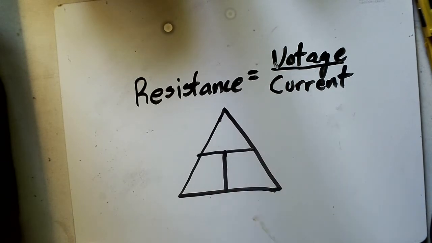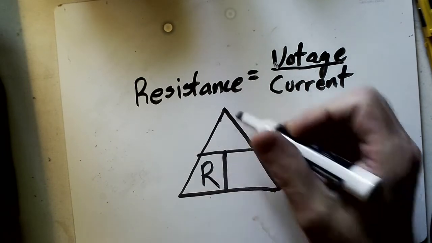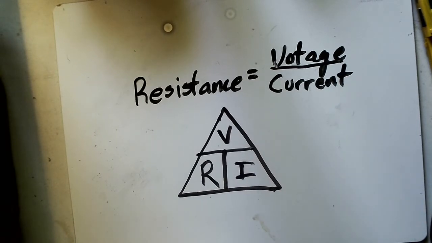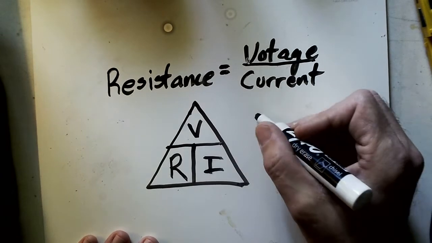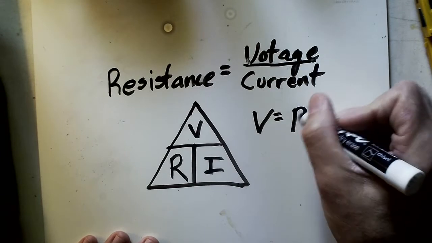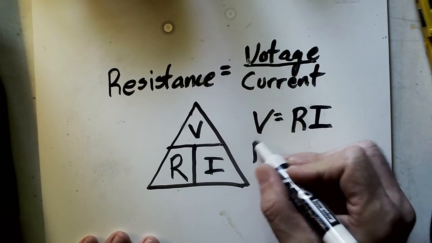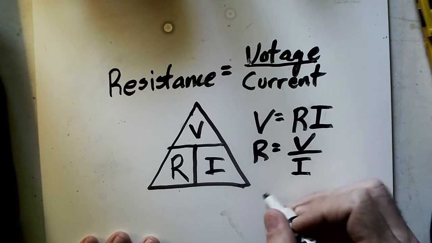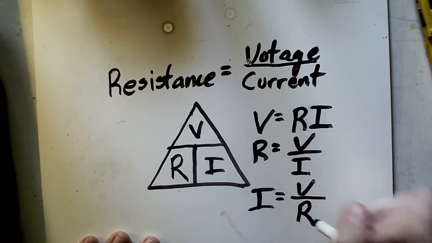Okay, so resistance equals voltage over current. The way this works is it gives you all the possible combinations. If you're calculating voltage, it's R times I. Resistance equals V over I, and current equals voltage over resistance.